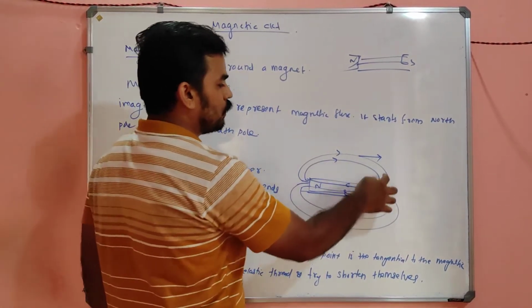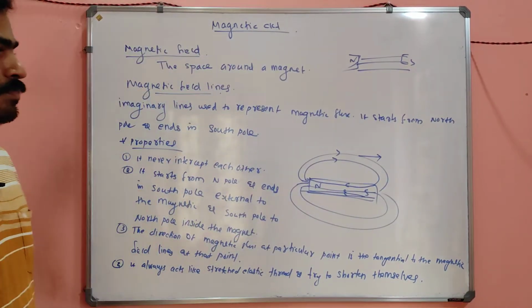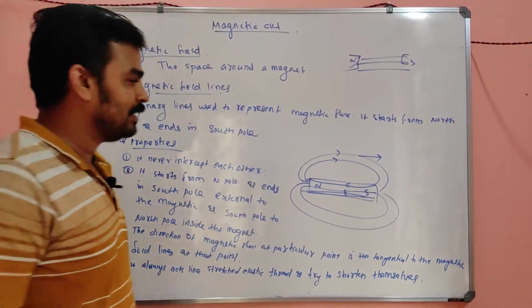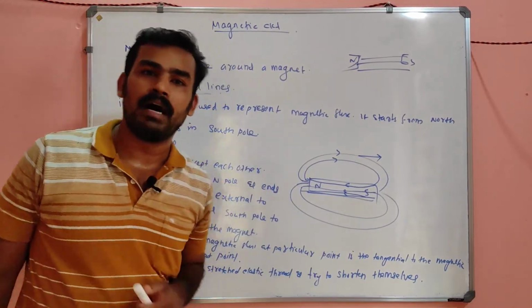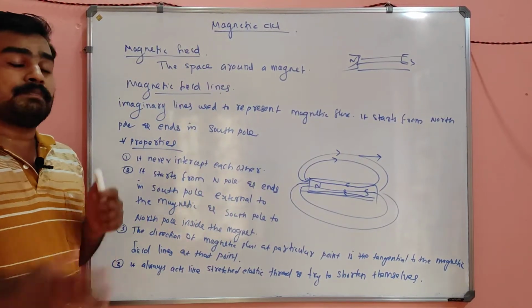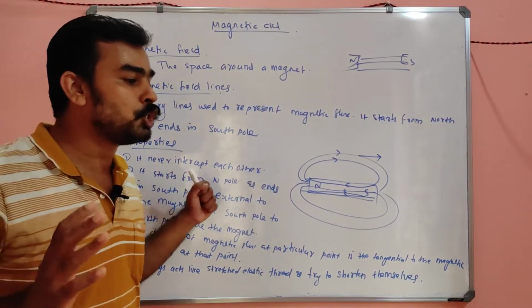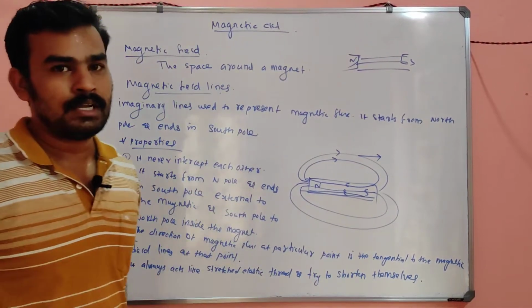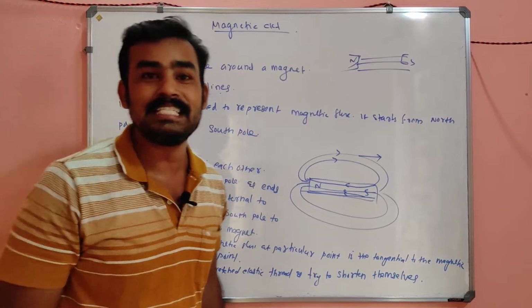Magnetic lines of force always try to form a circular path, but unfortunately that won't happen. Why? Because the property of the magnetic flux line is that it always tries to shorten itself. The shortest area of a figure is its circular form.